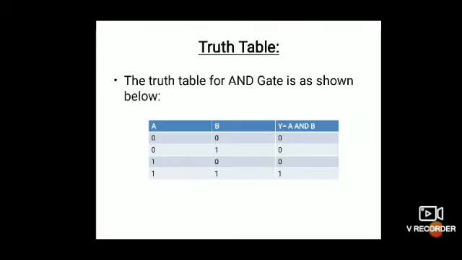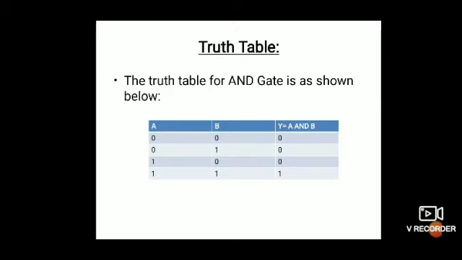So here is the truth table. The working operation of the AND gate can be defined by using the truth table. The truth table represents the relationship of the inputs with the output. Here is the truth table of the two input AND gate. Here A and B are the inputs, and Y equals A and B is the output.